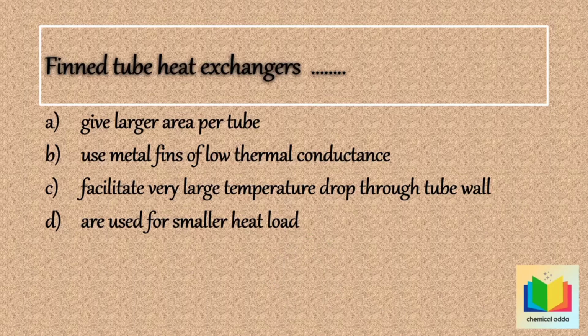So the answer is option A, give larger area per tube. Because fin tube heat exchangers have tubes with extended outer surface area, or fins, to enhance the heat transfer rate from the additional area of the fins. Hence, fin tubes with extended outer surface area enhance the heat transfer rate by increasing the effective heat transfer area between the tubes and the surrounding fluid.